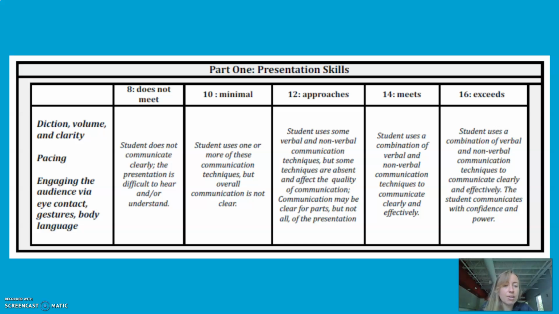That's kind of a lot of words to describe something. You all probably know the difference between strong presentation skills and weak presentation skills. If you're speaking clearly, loudly enough, slowly enough, those are good presentation skills. If you're doing a lot of things with your hands that don't necessarily go with the part of the presentation that you are talking about, that generally might take some points off.